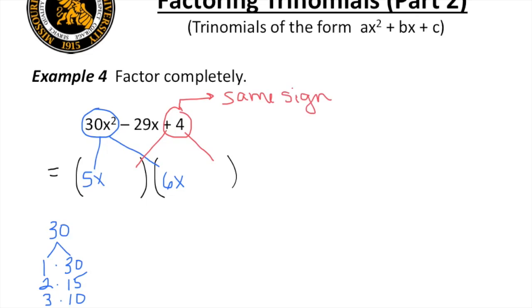In fact, since that middle term has a negative sign, that tells us that both factors of 4 will be negative. Now the number 4 has 2 factor pairs, 1 and 4, in addition to 2 and 2.